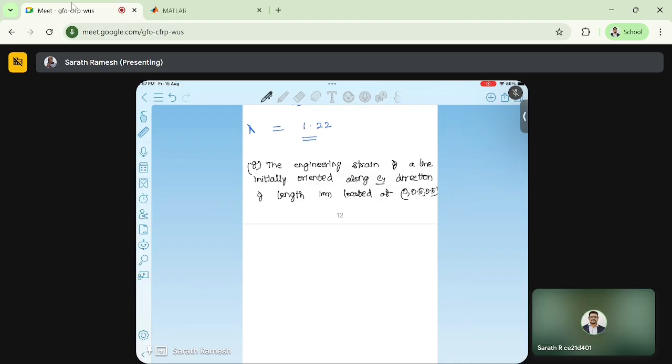Actually, since it's a homogeneous deformation, it's not a function of xyz. So anyhow, this point we are not using. Okay, and they have asked us to use epsilon. Okay, we have to find it using epsilon.